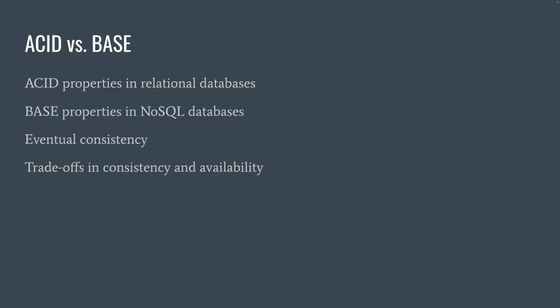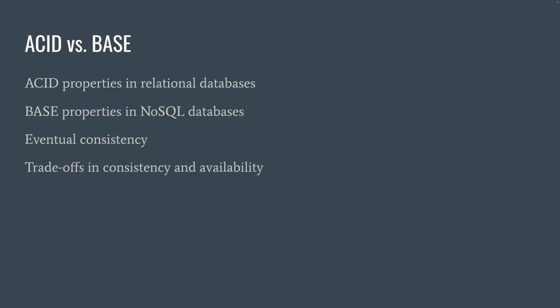To delve more into eventual consistency, say no new updates are made to a given piece of data. This means that all the accesses to that data will eventually return the last updated value.